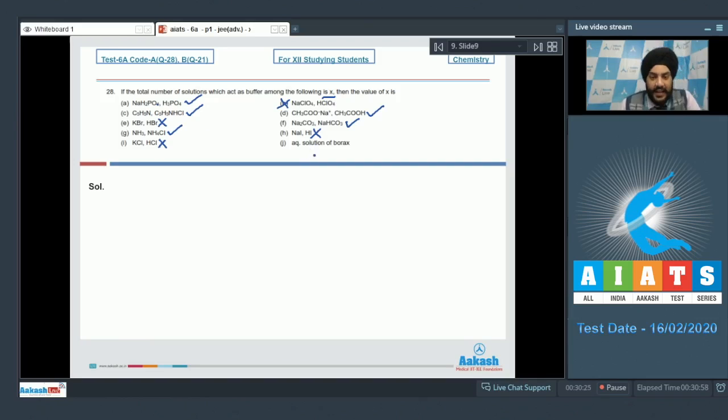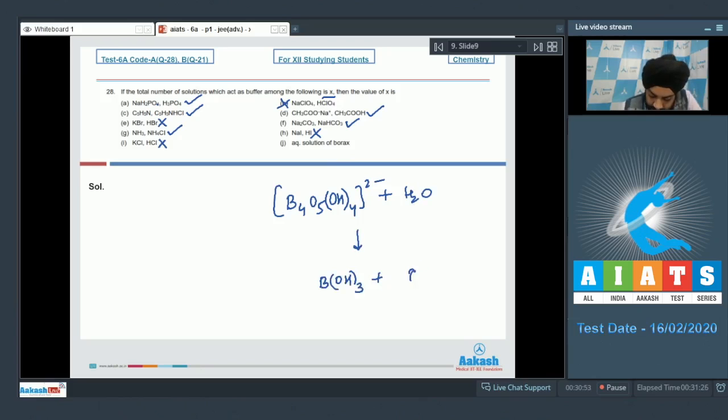And if I talk about the last option which is given to us, aqueous solution of borax. So borax, when it is put in aqueous solution, will undergo hydrolysis. So I have B4O5(OH)4 2 negative. When it is allowed to react with H2O, it forms B(OH)3 and B(OH)4 negative.